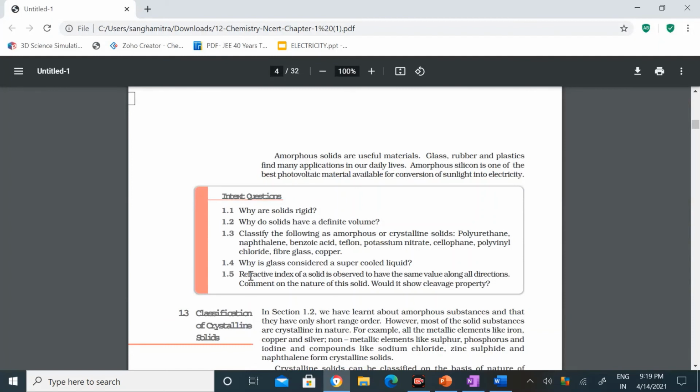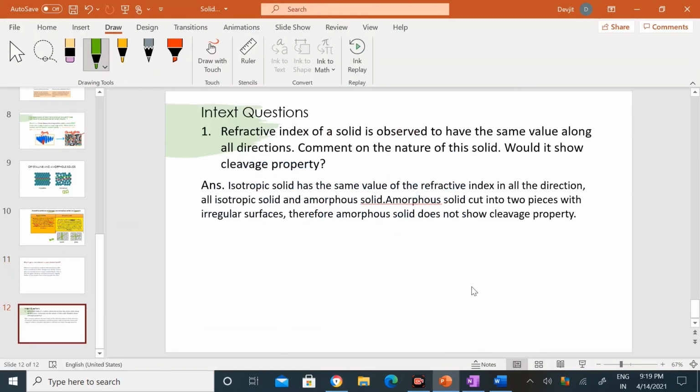And the last question is, the refractive index of a solid is observed to have the same value along all directions. Comment on the nature of the solid. Would it show the cleavage property or not? Again, this is an important question. See, the refractive index is observed to have the same value in all directions.